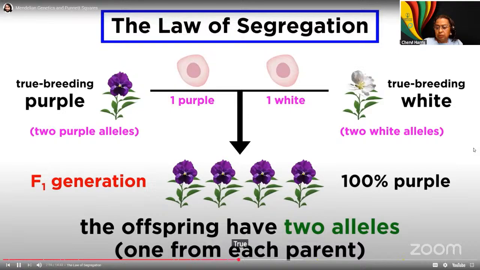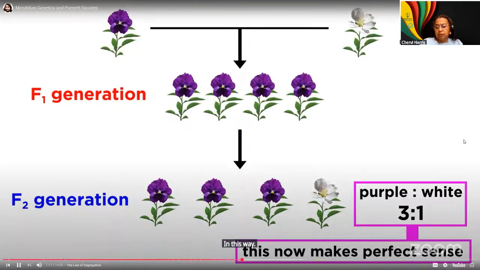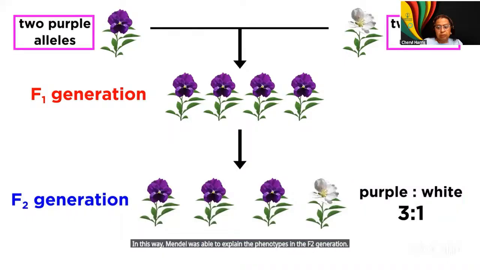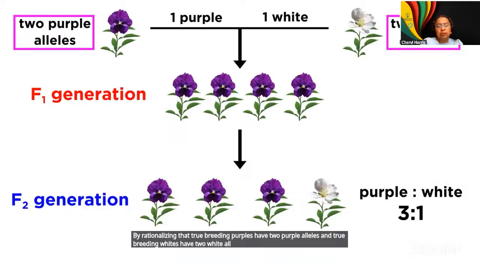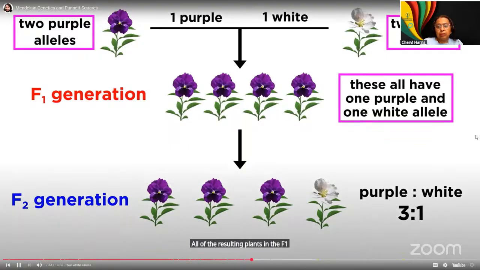True, because we have learned about meiosis and the haploid daughter cells that result. In this way, Mendel was able to explain the phenotypes in the F2 generation by rationalizing that true breeding purples have 2 purple alleles and true breeding whites have 2 white alleles. So when the sperm from one fertilizes the egg from the other, all of the resulting plants in the F1 generation must have one of each allele.